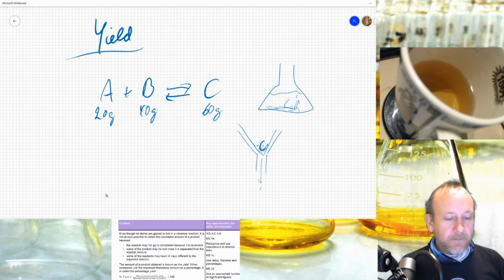Sometimes you also wash it with distilled water or whatever, just to make sure.